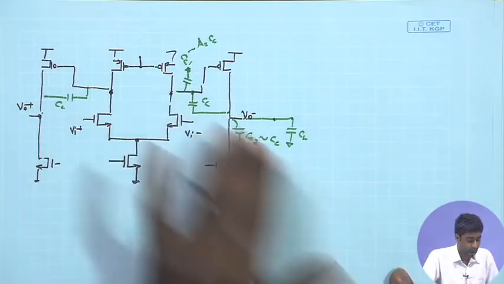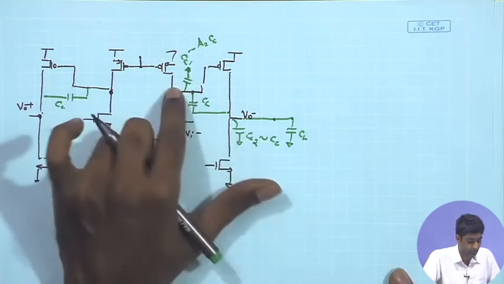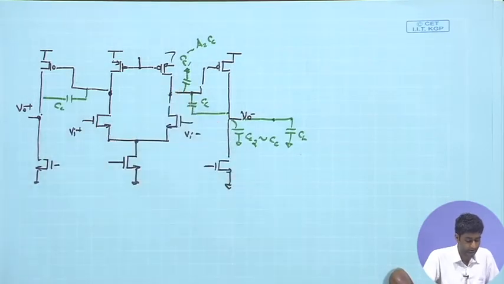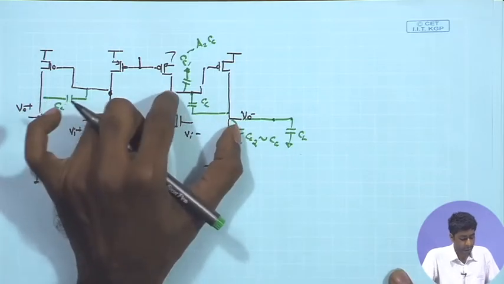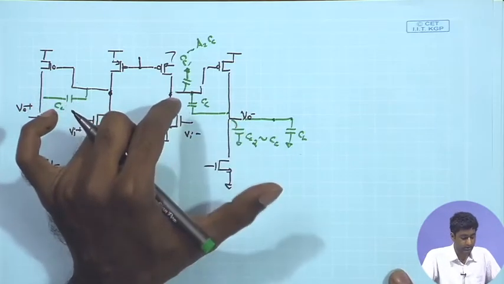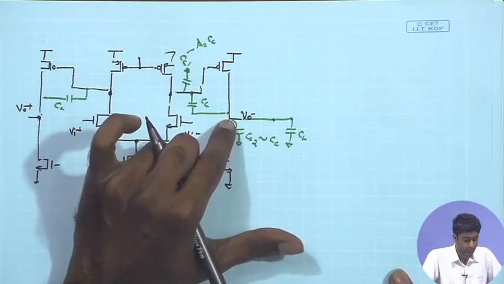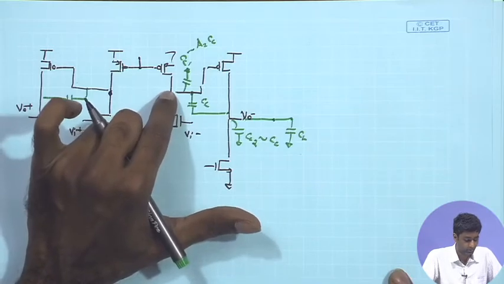Now, what are the relations we need to follow for obtaining the overall 45-degree phase margin? Just like in the case of our common mode operation, we are going to have similar analysis here, and our target would be to make the second pole, or the non-dominant pole, A naught times the dominant pole.